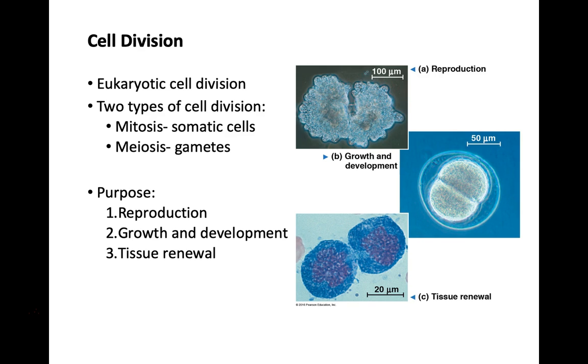So if you think about an egg that has been fertilized by a sperm, now it has to divide, it has to grow into a full-blown organism. And all of that takes place by cell division. So cell division allows for growth and it allows for different development.